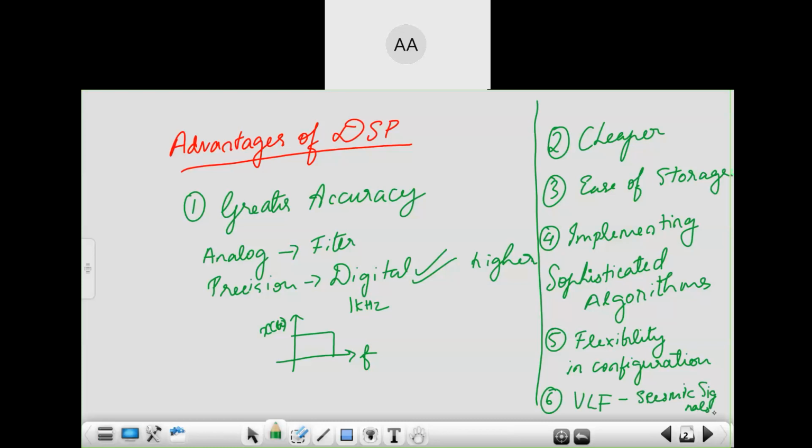One very solid example is the seismic signals which are generated below the earth. Those signals are very feeble, and even to identify them is very difficult. But even such low frequency signals and very low strength applications can be processed very well using a DSP processor.